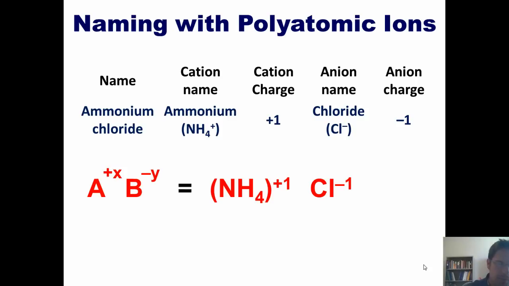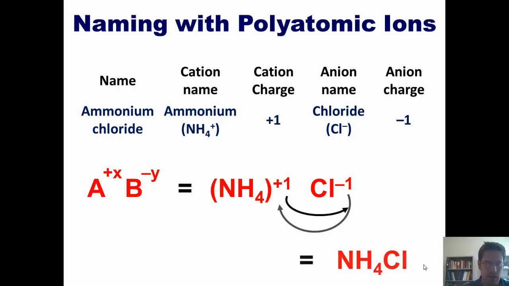Note how I put parentheses around my NH4 here just so that I don't get the 4 confused or mixed up with the +1. Now, doing the same transposition of charges, turning them into subscripts like we've done in the past, I can see that my final answer is going to be NH4Cl, ammonium chloride.